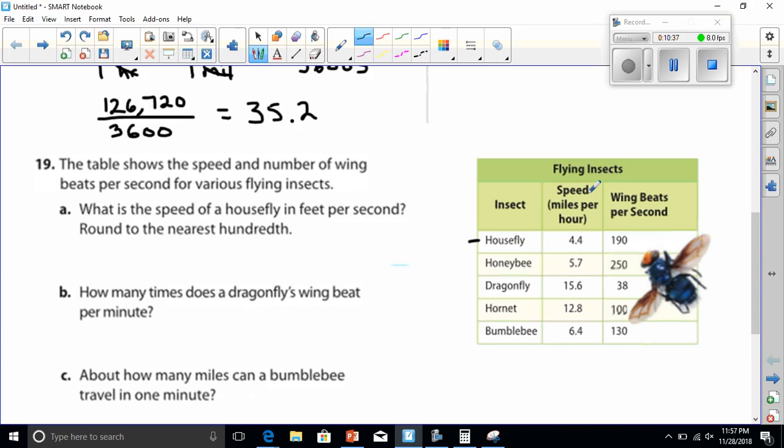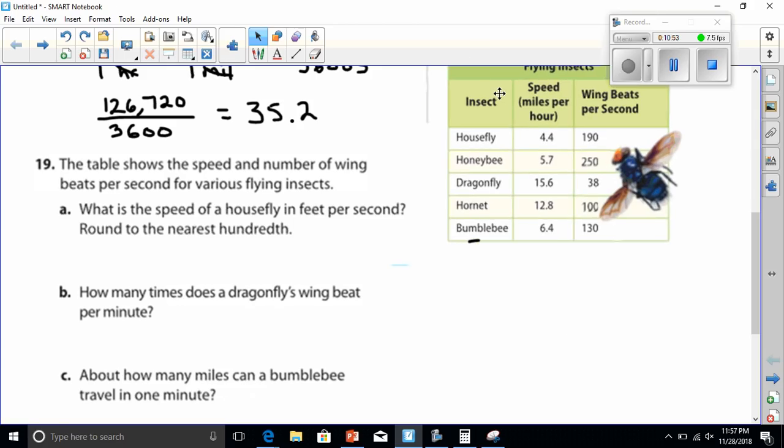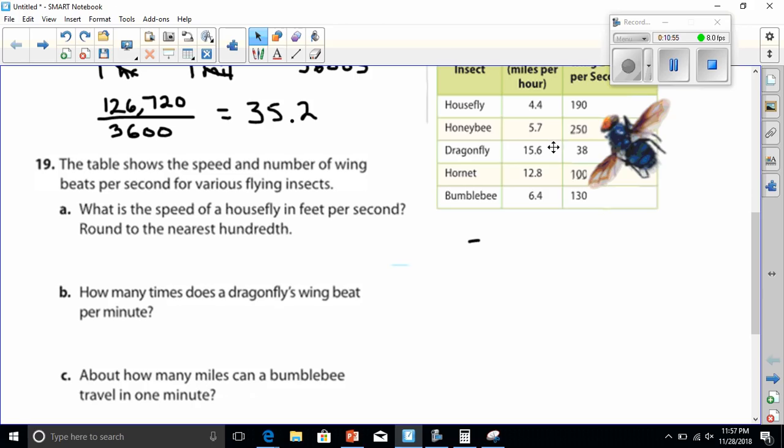So the speed is 4.4 miles per hour. Okay, so we're going to move this for a second here. There we go. And we've got 4.4 miles an hour per one hour.